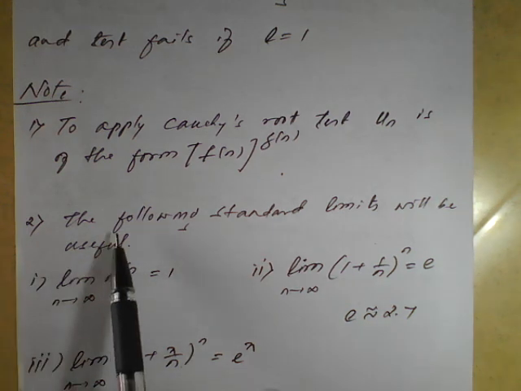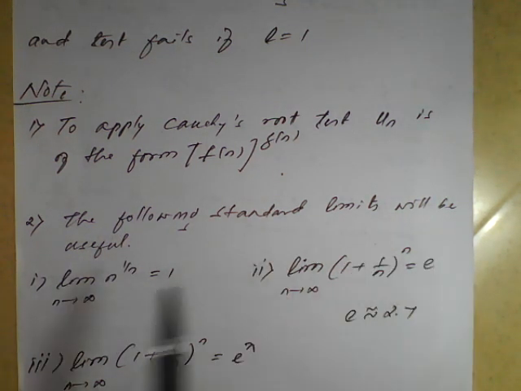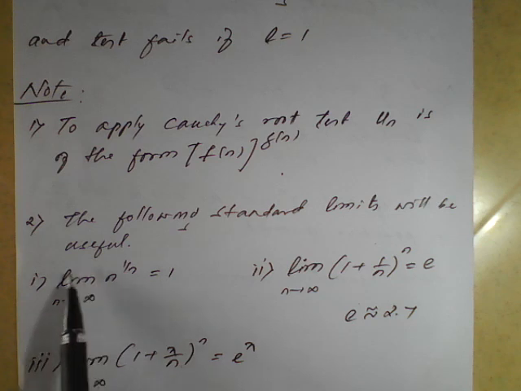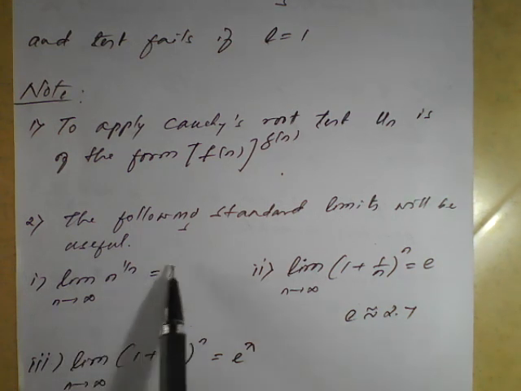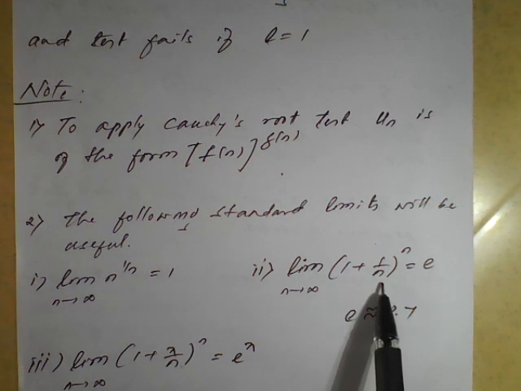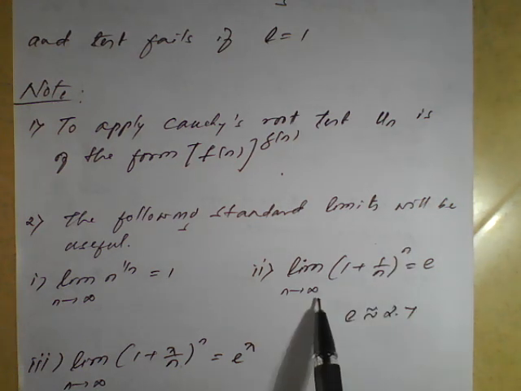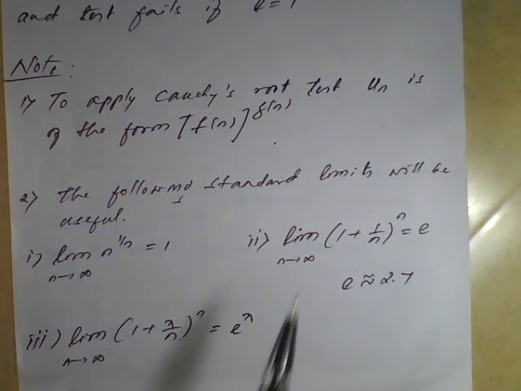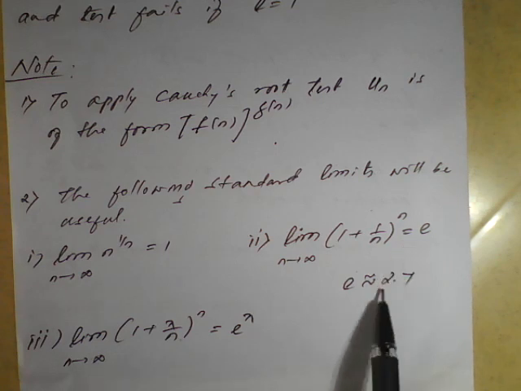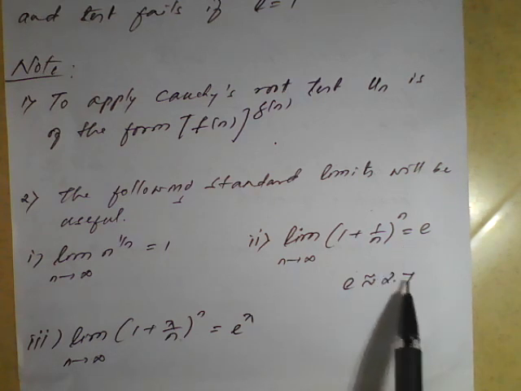Point number 2, the following standard limits will be useful. If you find limit n raised to 1 upon n as n tends to infinity, you can directly write it as 1. Limit of (1 plus 1 upon n) raised to n as n tends to infinity, if you find it, you can mention it as e. Next, e is approximately 2.7, which is greater than 1.